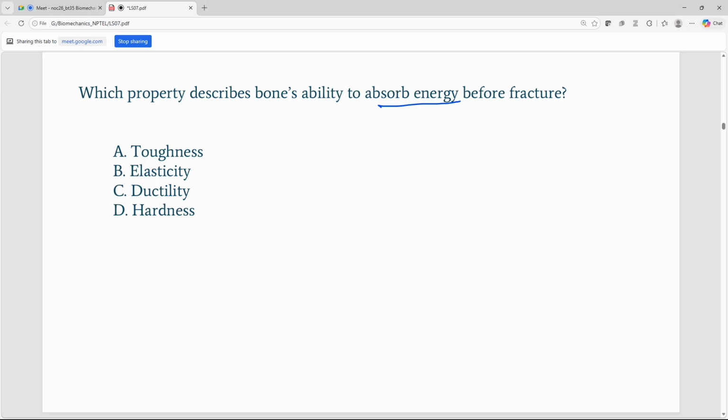This property describes bone's ability to absorb energy before fracture. These are mechanical properties.